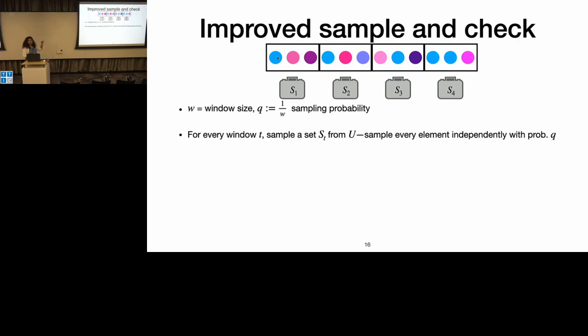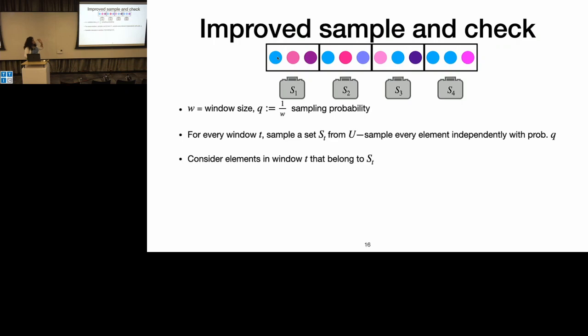The reason we have these sets is that I don't just want to compare the hash value with the next window, I also want to make sure it's the same element that was sampled in the previous window. This gives me a way of remembering which elements were sampled in the previous window.